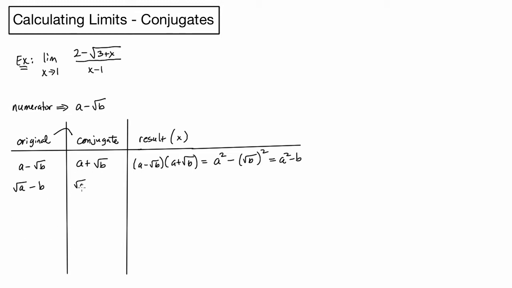Then its conjugate would be the square root of a plus b, and the multiplication of these two would give something like this. Somewhat similar, but once again, no radicals are in the expression once the conjugate and the original function are multiplied.